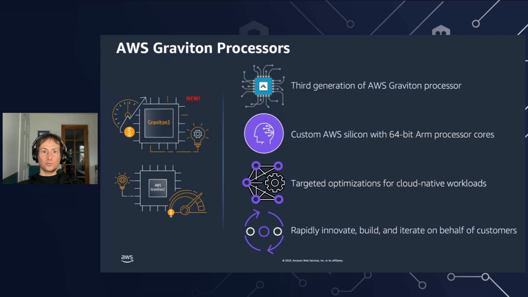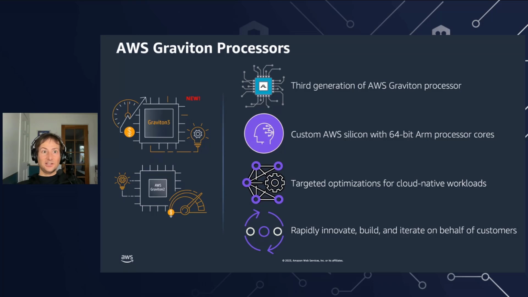So just before we get started, let's do a quick reminder on what the Graviton processors are. Those processors are custom silicon designed by AWS following the ARM64 architecture.